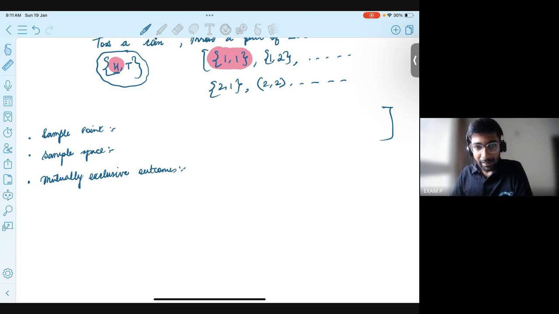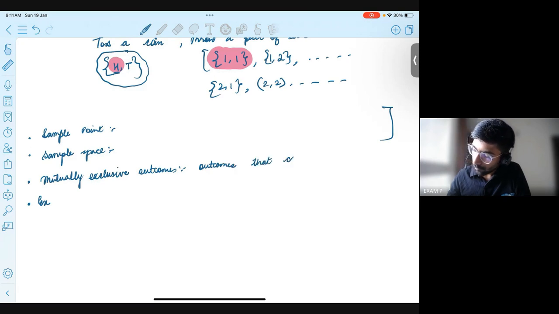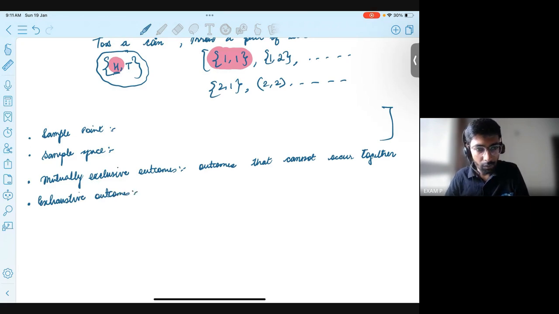And what are exhaustive outcomes? Outcomes that cannot occur together are called mutually exclusive. And then you have exhaustive. Exhaustive outcomes are the collection of all the outcomes such that when you collect all of them, you get the entire sample space.